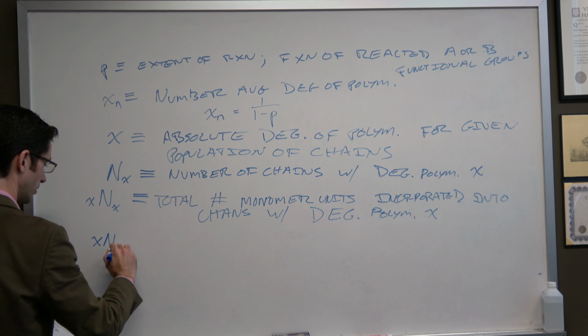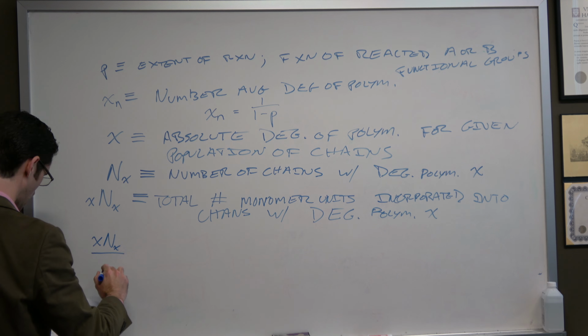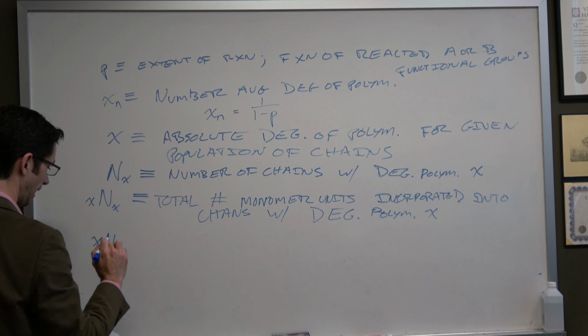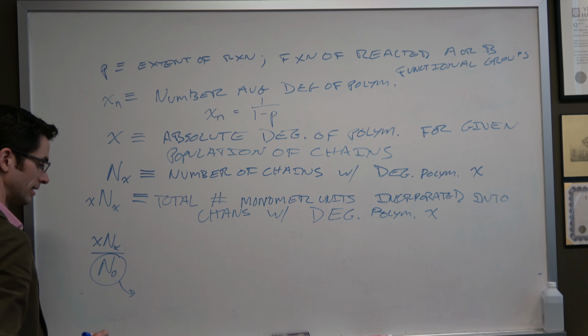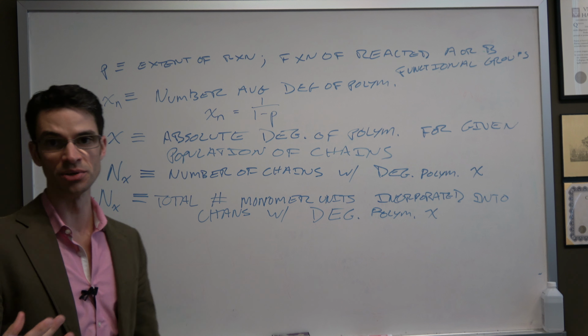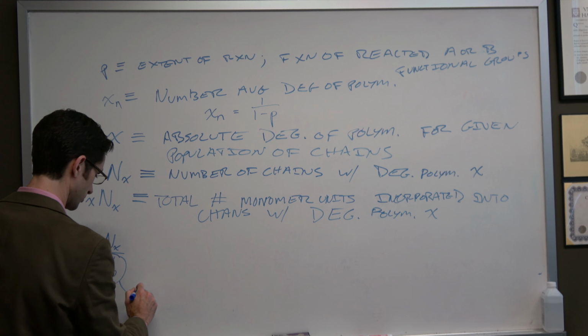One more. x times n sub x over n naught, where n naught is the total number of monomer units initially present.